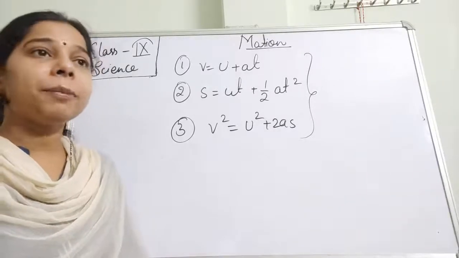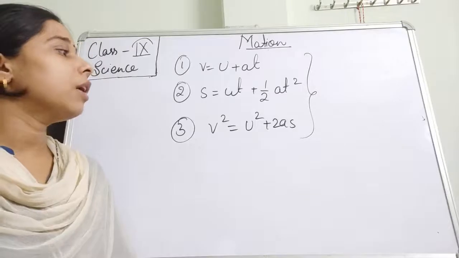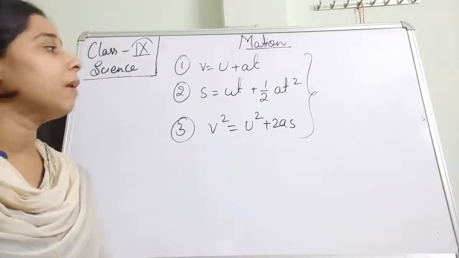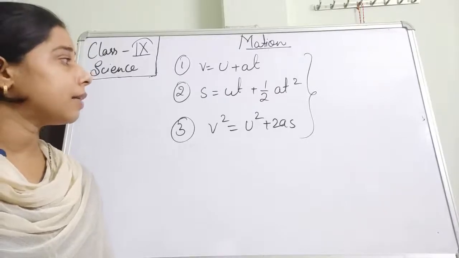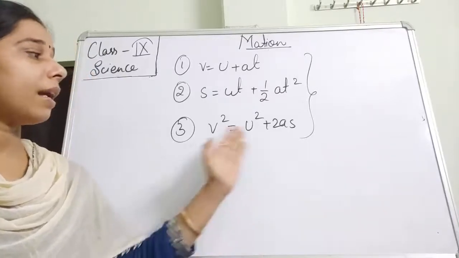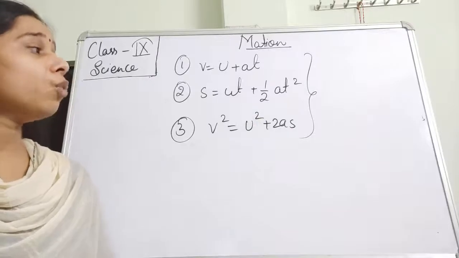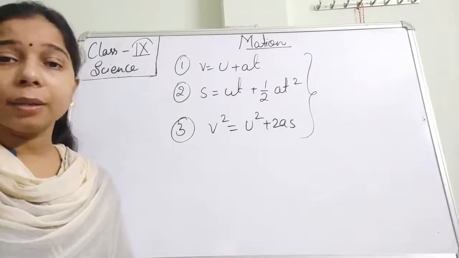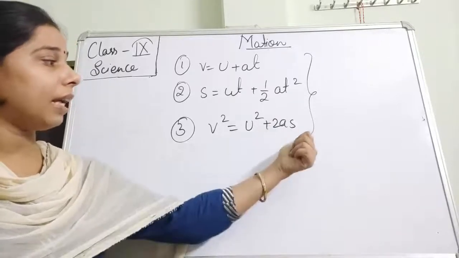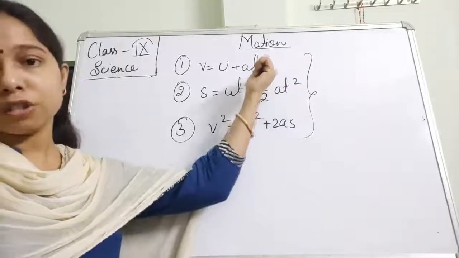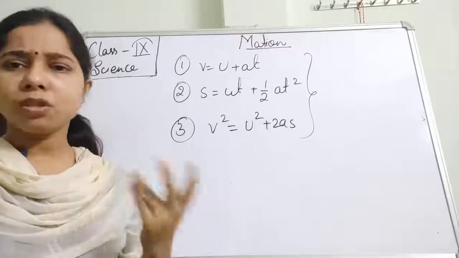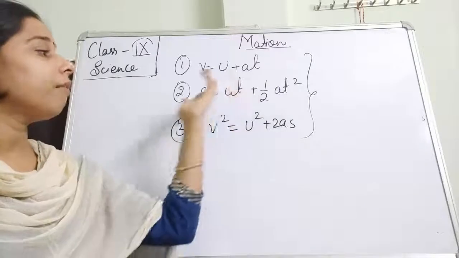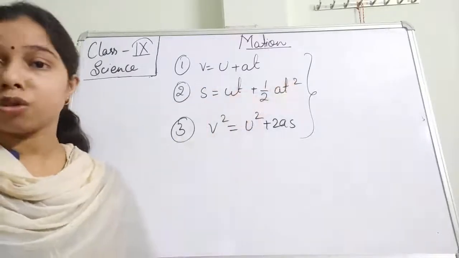Now the question can be such that S is also given, A is given, U is given, as well as V, and you have to find T. At that time, if V, U and A are given, the first one is quite better. But it is not compulsory, because if the value of S is also given, we can use the second equation of motion also.